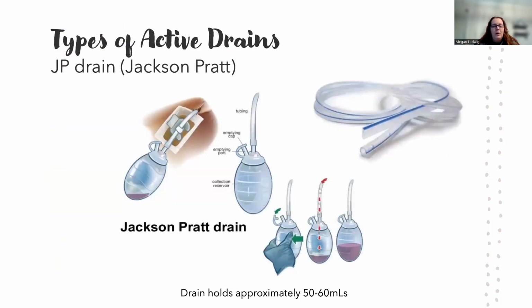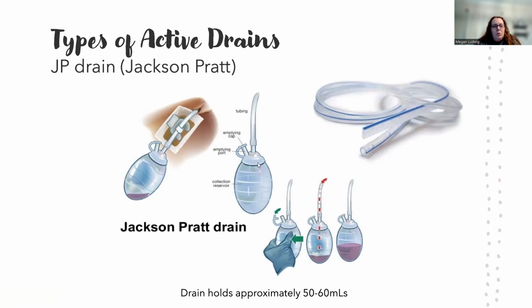Okay, so here's one of our very most common types of drains. So this is an active drain, and this one pictured here is called a Jackson-Pratt drain. We sometimes just call it a JP for short, because who has time to say all the words in the OR? It's fast, right? So JP drains come in two parts. You've got this little bulb canister collection device, and then you've got the tubing, okay?